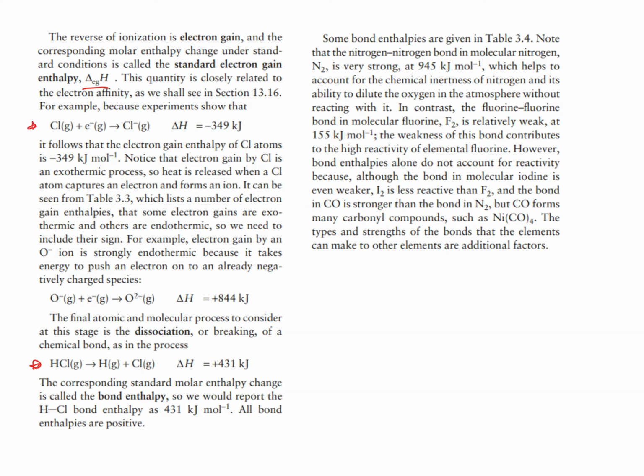The types and strengths of the bonds that the elements can make to other elements are additional factors. So on some level, we can rationalize the inertness of nitrogen based on its bond strength, but we can't exclusively rationalize inertness or reactivity based on bond strength.